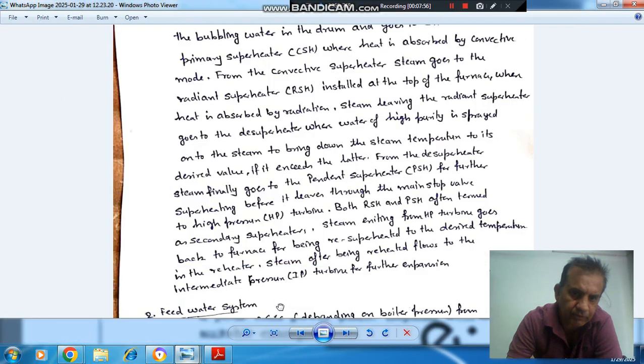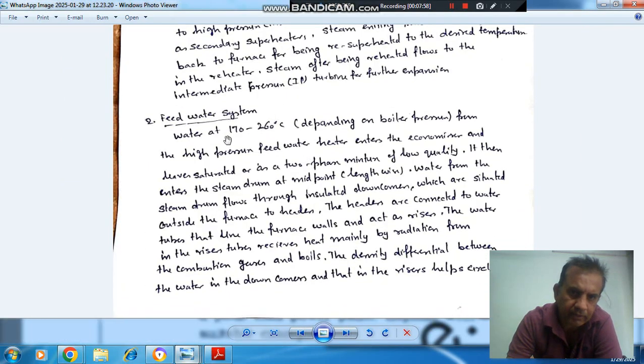The explanation is as follows. Water at 170 to 260 degrees Celsius, depending upon the boiler drum pressure, from the high pressure feed water heater enters the economizer and leaves as saturated water or a two-phase mixture of low quality. It then enters the steam drum at the midpoint. Water from the steam drum flows through insulated downcomers, which are situated outside the furnace, to the headers.